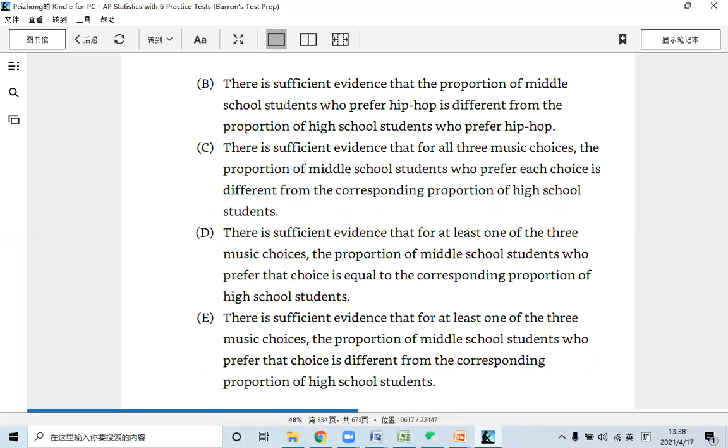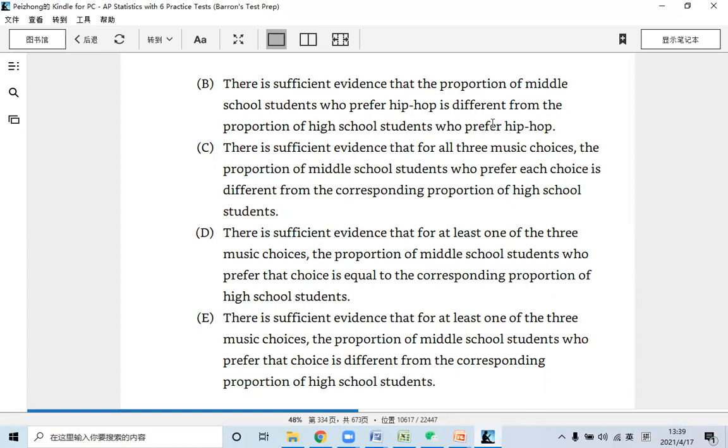Look at B. There is sufficient evidence that the proportion of middle school students who prefer hip hop is different from the proportion of high school students who prefer hip hop.